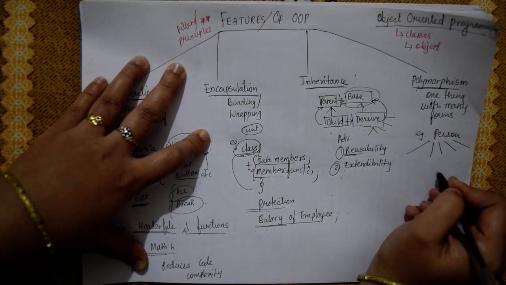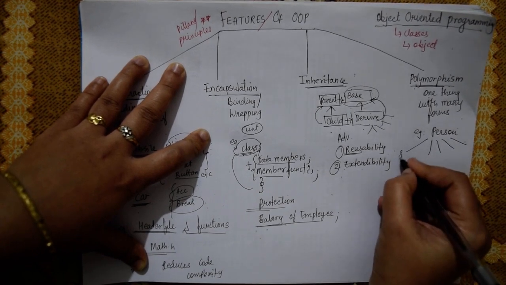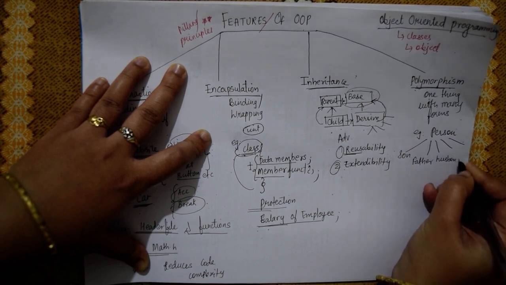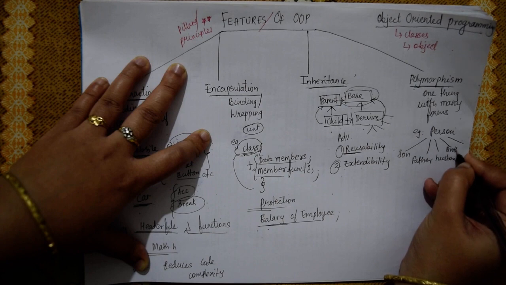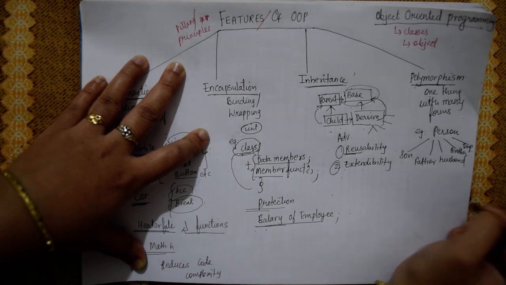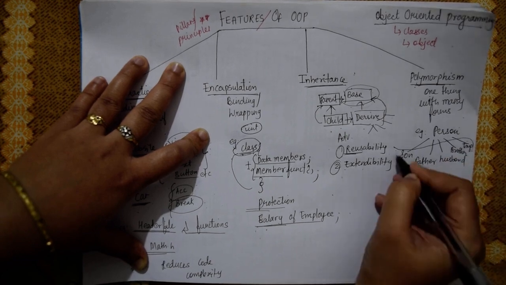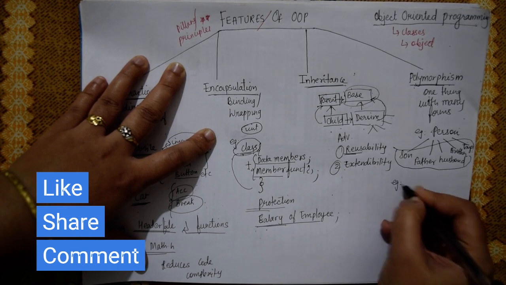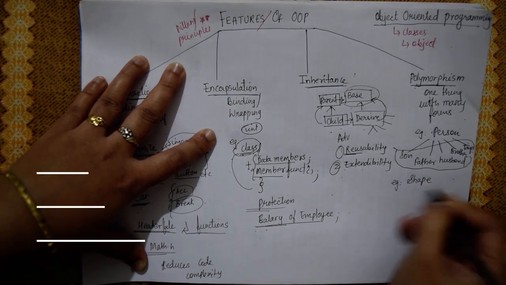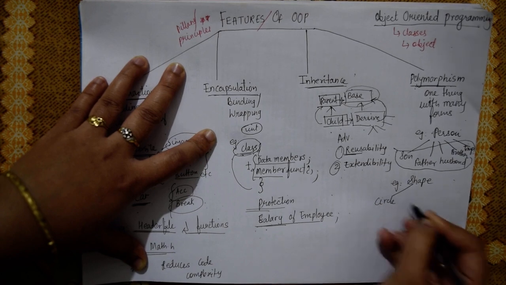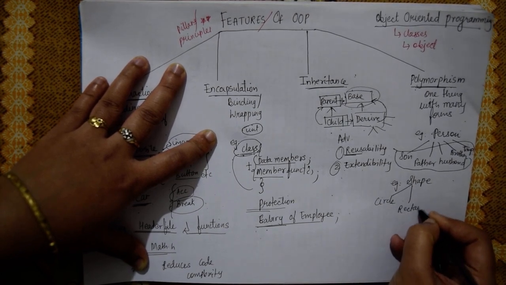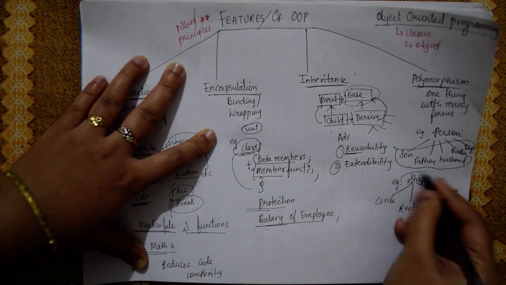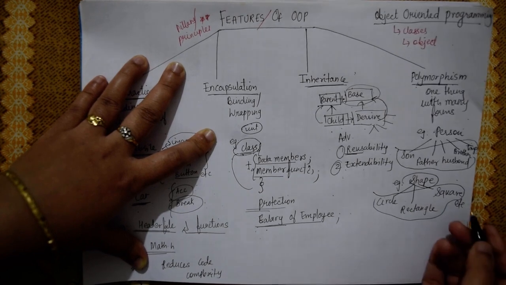A person can be a son, can be a father, can be a husband, can be a brother, or can be an employee also, correct? So a person is having different characteristics at the same time, polymorphism. Okay, we can take one more example, shape. So we can have circle, we can have rectangle, then square, etc. So one thing with different forms is called polymorphism.